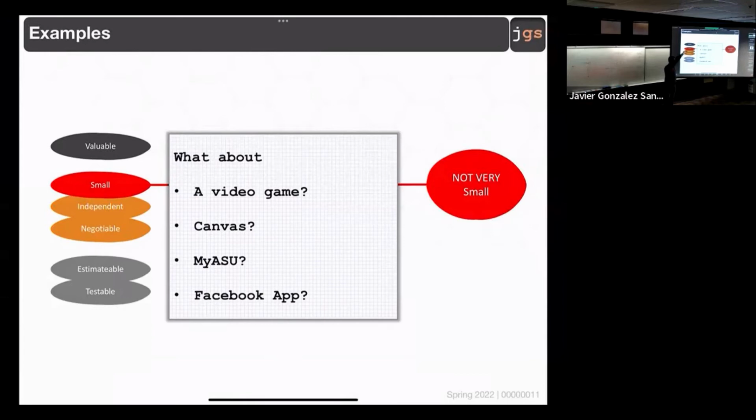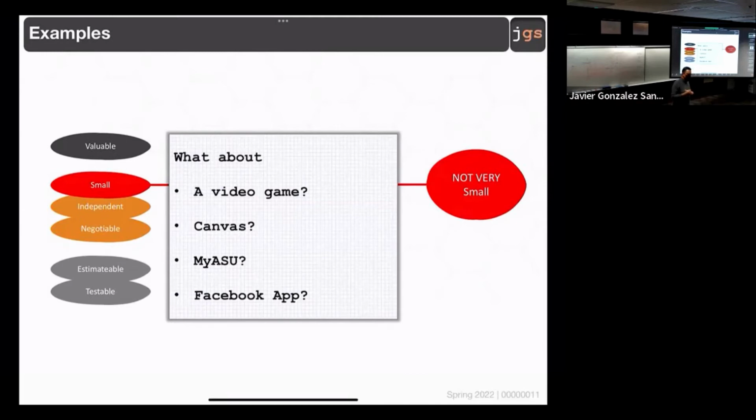And let me be clear, this is going to be very connected with small, because of the thing that we reviewed before. You need to be careful that the requirement is small, but not too small. If it's too small, maybe it is something that is inside of a requirement, but not the requirement itself. And that is probably the most common error. So red or orange.